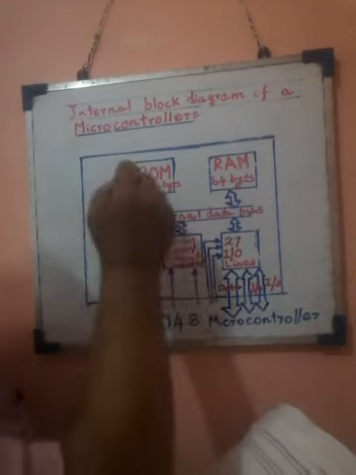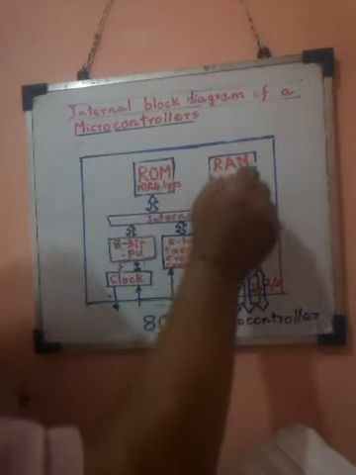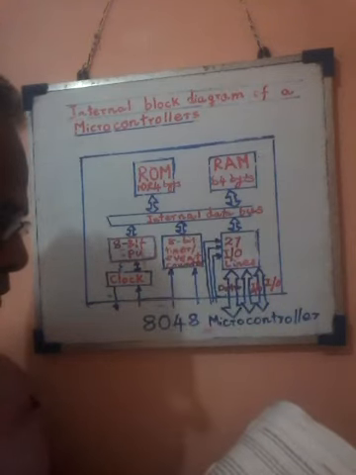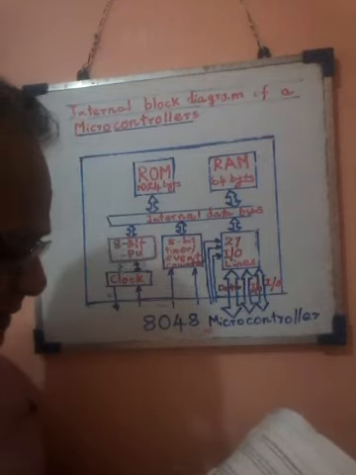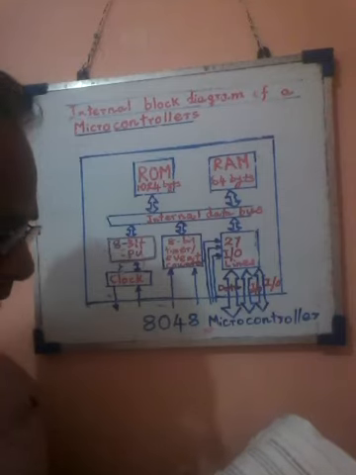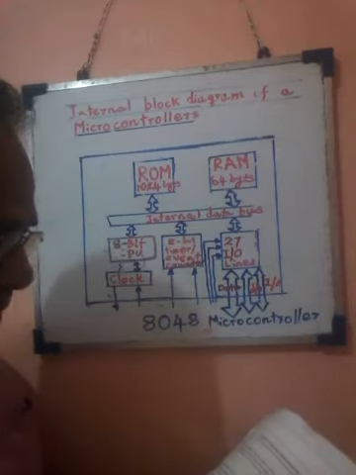What is the internal memory? These are the ROM and RAM. It can usually also access external memory. But a microprocessor only uses external memory.